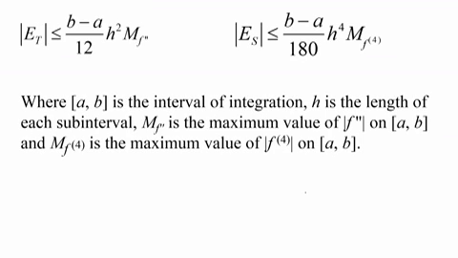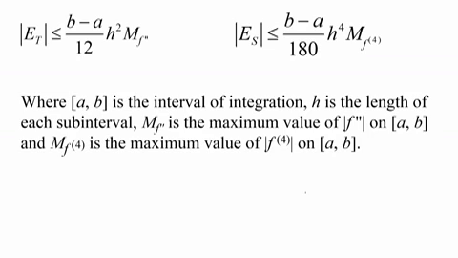The absolute value of E sub t will be less than or equal to b minus a over 12 times h squared times M sub f double prime. Over on the Simpson's rule side, the absolute value of E sub s will always be less than or equal to b minus a over 180 times h to the 4th times M sub 4th derivative of f.